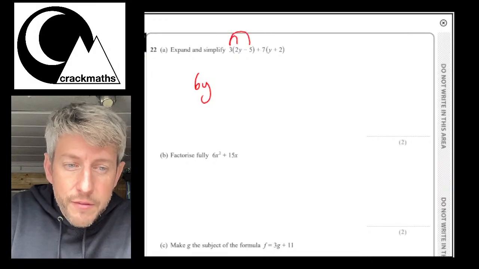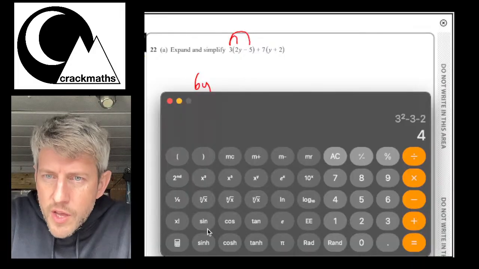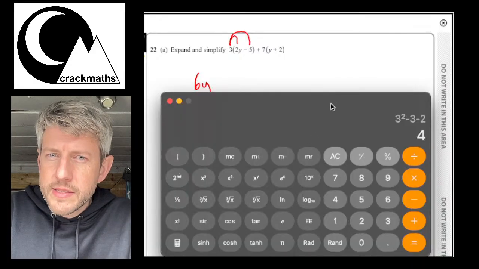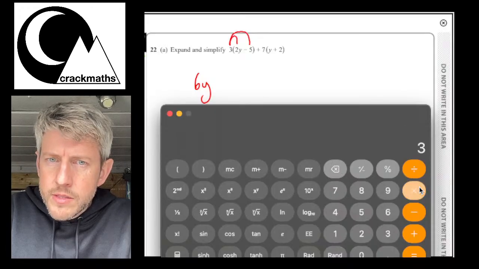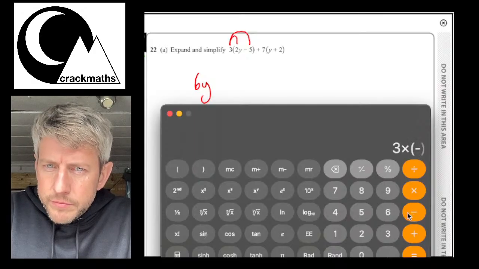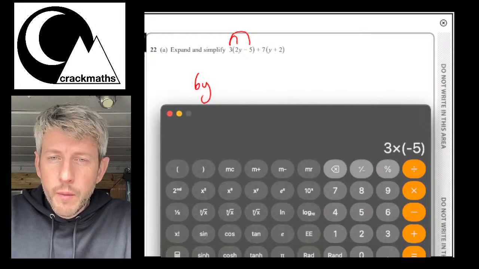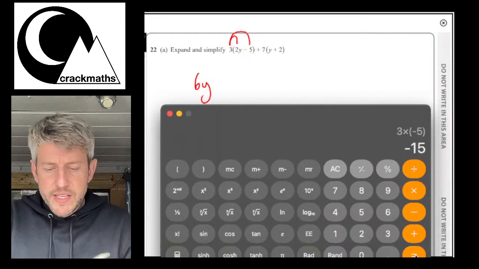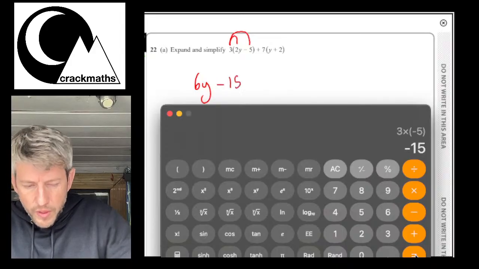If you get confused with your negatives, remember this is the calculator paper, so you can always just type them in like this. 3 times negative 5. If you put brackets around your negative number, it will do what it's meant to do. So 3 times negative 5 is negative 15. I'll put that there.